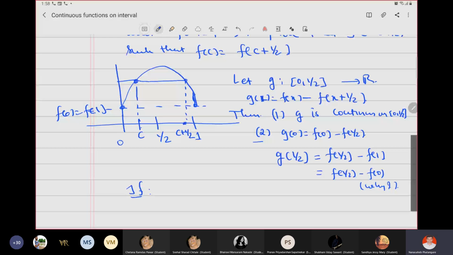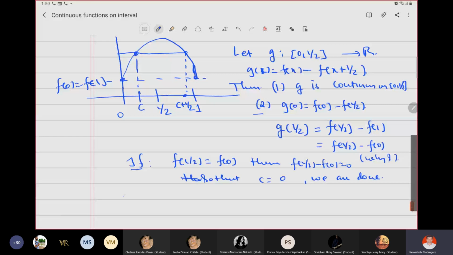But if f of half is not equal to f of 0, then what will happen? f of half minus f of 0 is not equal to 0. That means it is either positive or negative.